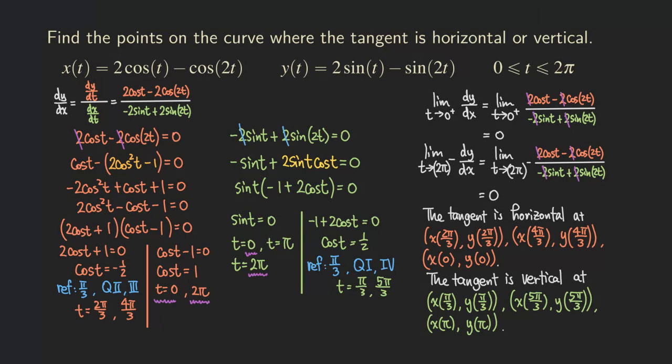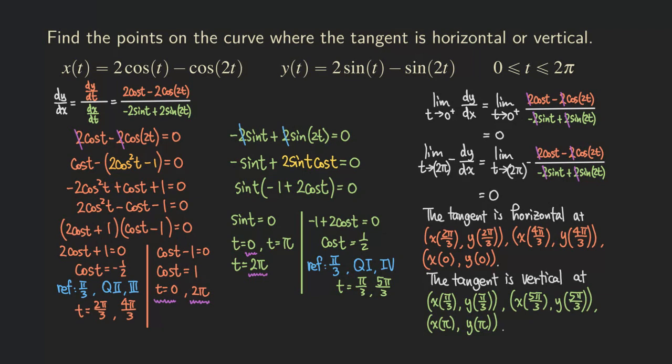If we're plotting this curve out, we're plotting a lot of points and then drawing out the curve. We are actually going to get a cardioid. Of course, the polar equation for this cardioid will be a lot simpler, but if we're using the parametric equations to represent this curve, then it will look like this.